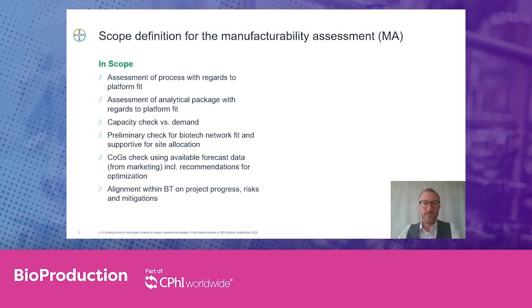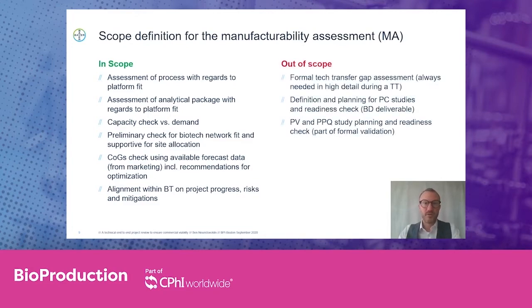Out of scope would be a formal tech transfer gap assessment, as we might all know it, and the definition and/or planning for process characterization studies and their readiness check, as well as the planning for process validation and process performance qualification. We would consider these more formal and out of scope for this assessment.